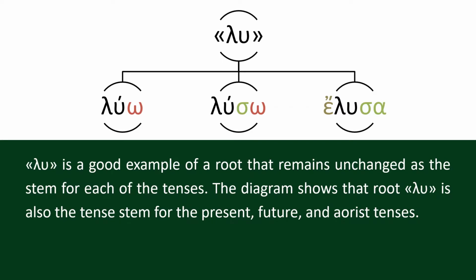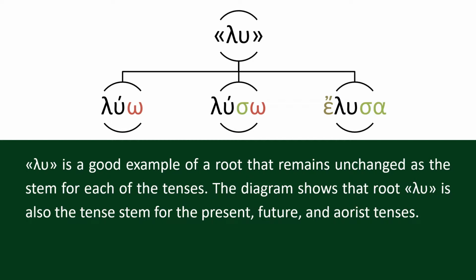The root li is a good example of a root that remains unchanged as the stem for each of the tenses. The diagram above shows that the root li is also the tense stem for the present, future, and aorist tenses. So when you see lio, you can see the root li.